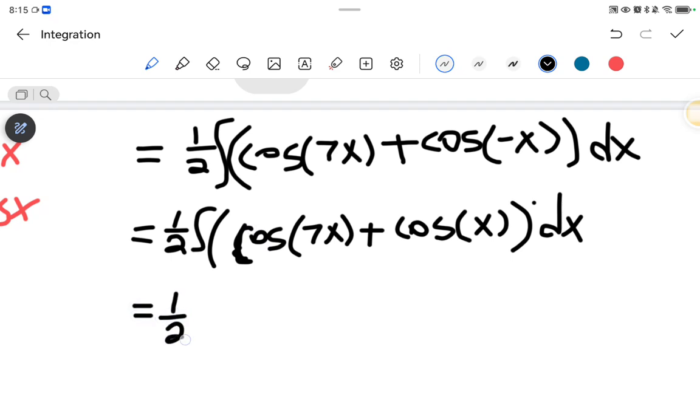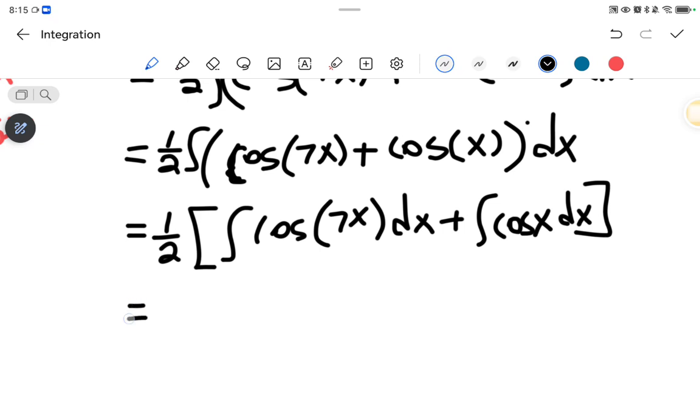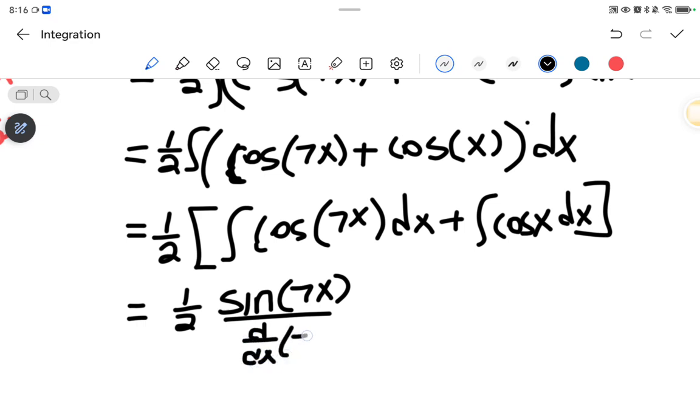Now I can distribute 1 over 2, and I have the integral of cos of 7x dx plus integral of cos x dx. And this will be equal to 1 over 2. You know, when you derive sine, you get positive cos, right? So it means that when you integrate cos, you'll get positive sine. Divide by the derivative of the inside, which is this.